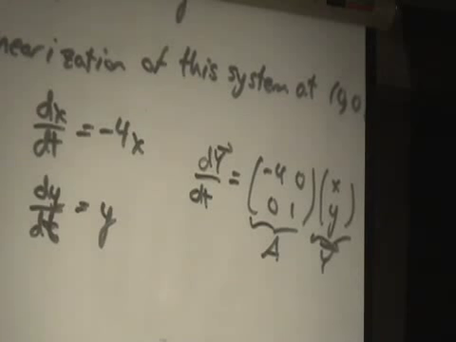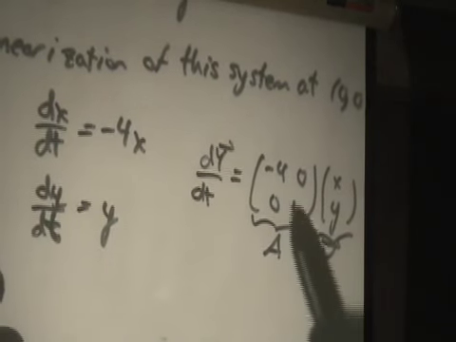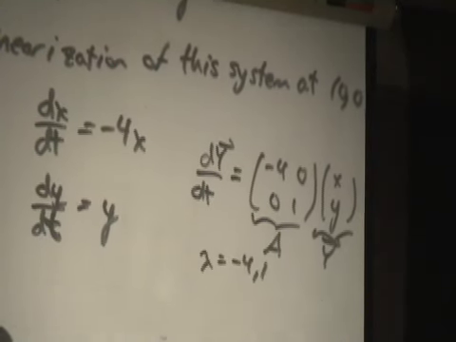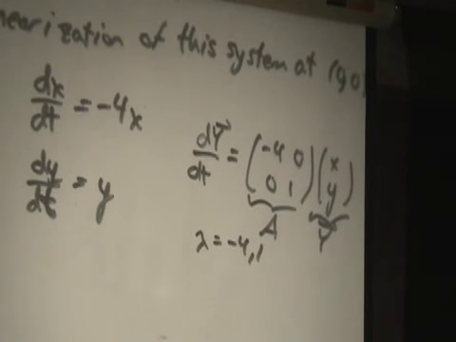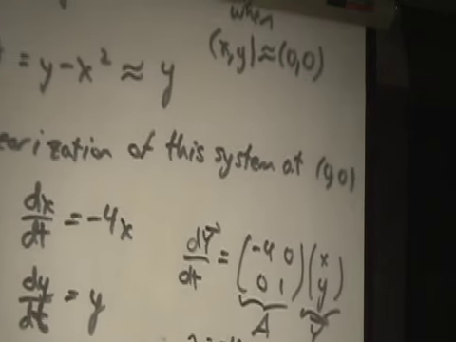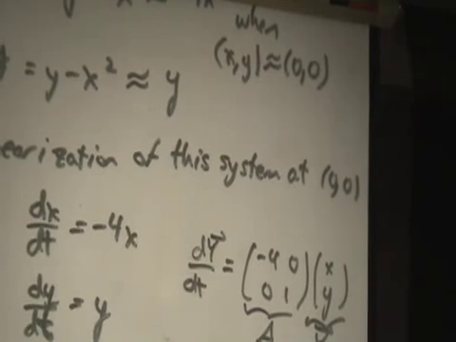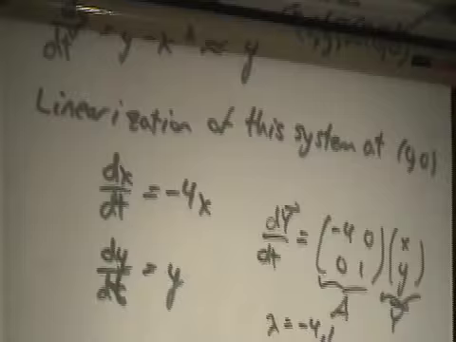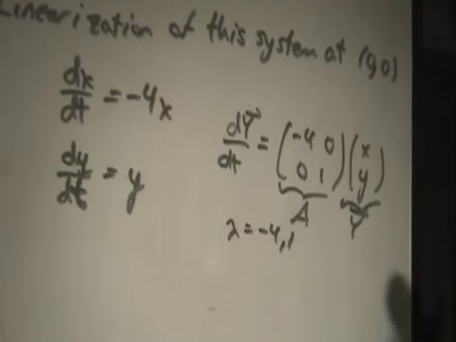In fact, this is a diagonal matrix, so the eigenvalues are the numbers on the diagonal. The eigenvalues are negative 4 and 1, one negative, one positive. That means the origin is a saddle point for this linear system. It also means it'll end up being a saddle point for this nonlinear system. Since it's a diagonal matrix, the eigenvectors end up being very simple too.